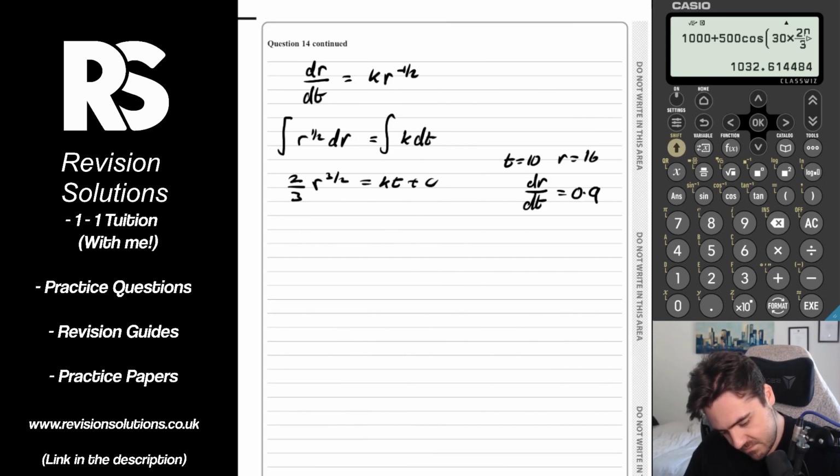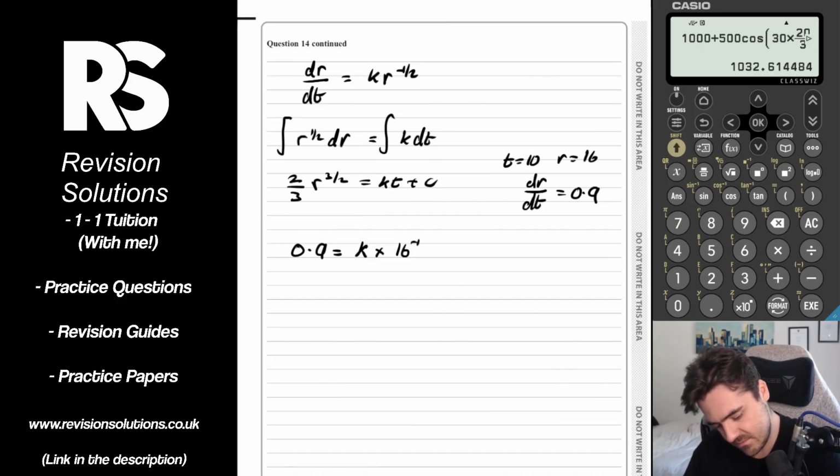So we'd have dr by dt, so 0.9 must equal k times 16 to the power of minus a half. So 16 to minus a half, that's 1 over the square root of 16, or 1 over 4. So k would be 0.9 times 4 then, which is 3.6.